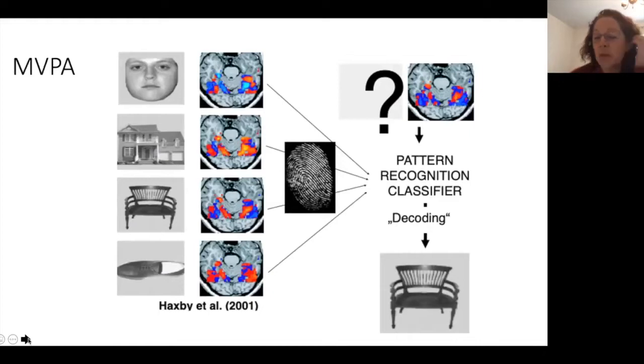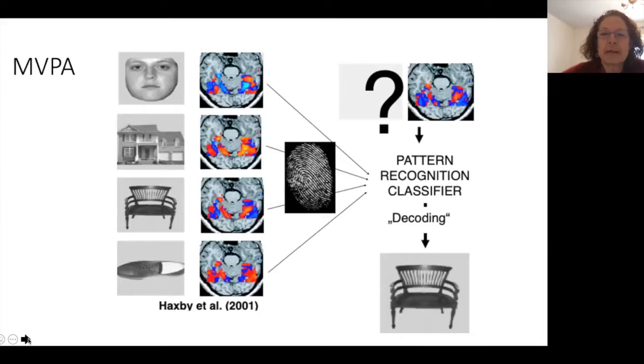And what you can see by looking at the patterns of brain activity that are caused by viewing these different kinds of stimuli is that in the very same regions of tissue, you get activation for all of these classes of stimuli. So it's not like there's a face area and a house area that's distinct, and then a distinct chair area, et cetera.